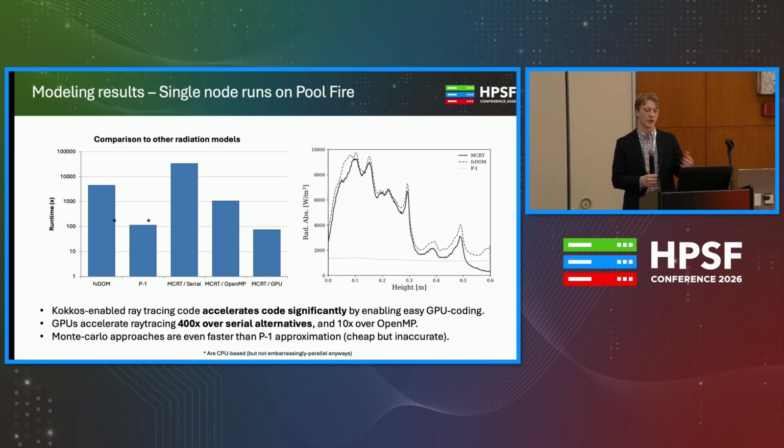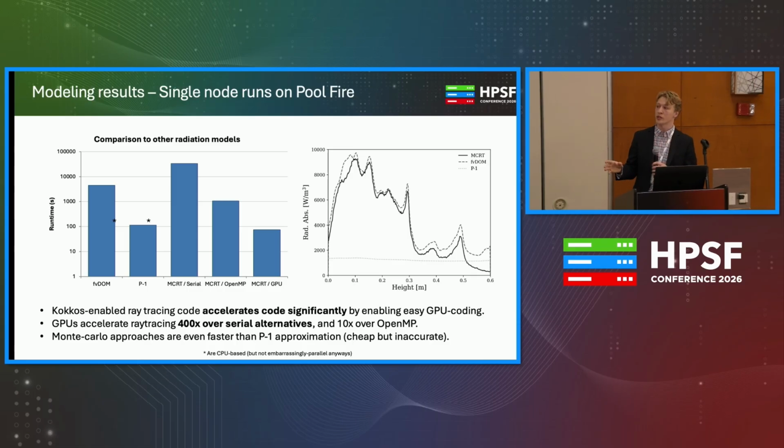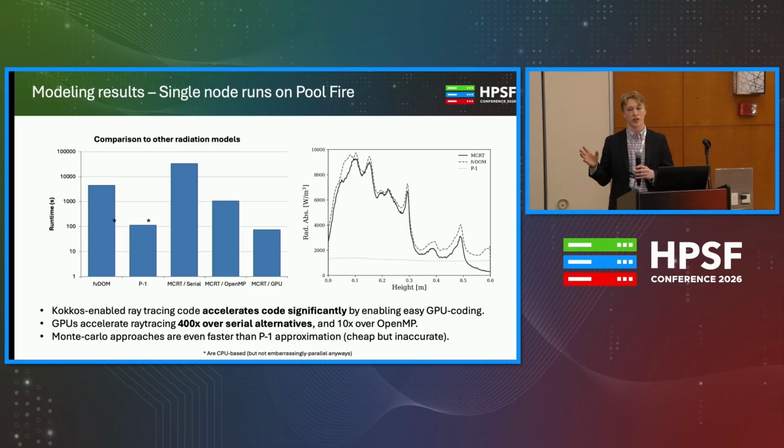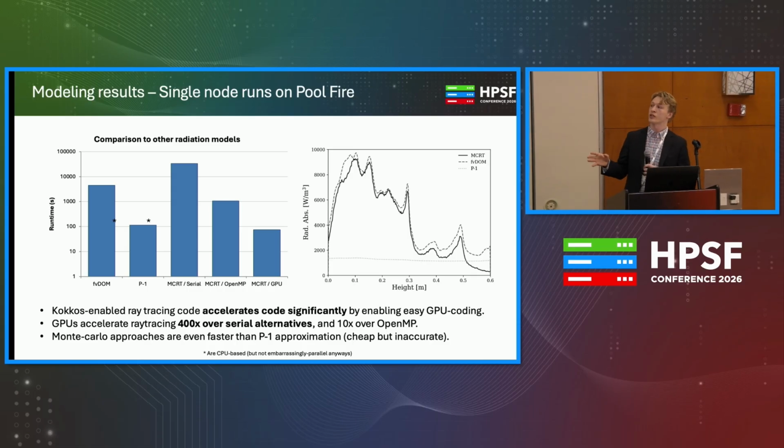But in fact, as you accelerate it with our Kokkos ArborX backend, we're able to make it even faster than the less accurate versions of the radiation solver. And so this is really great because Monte Carlo for radiation is actually the baseline people compare to. And now we're getting Monte Carlo to be even faster. So this enables us to get the highest accuracy we can with radiation.